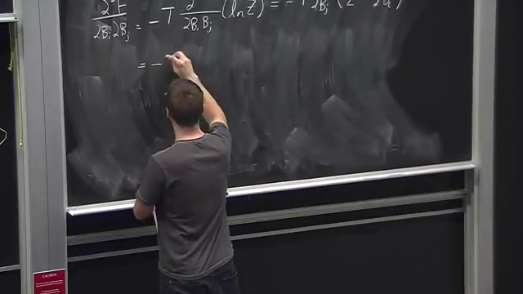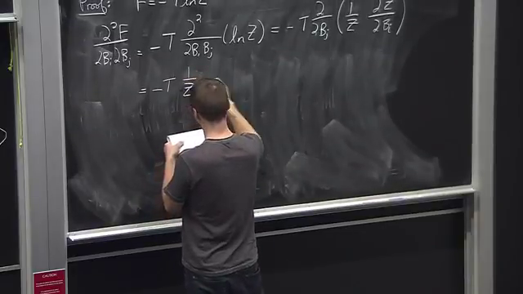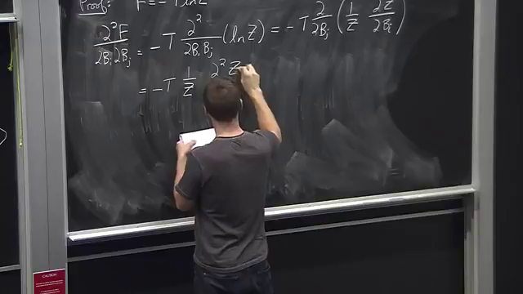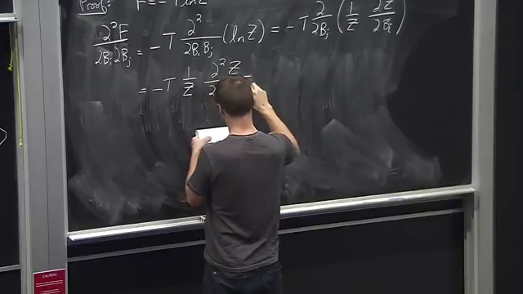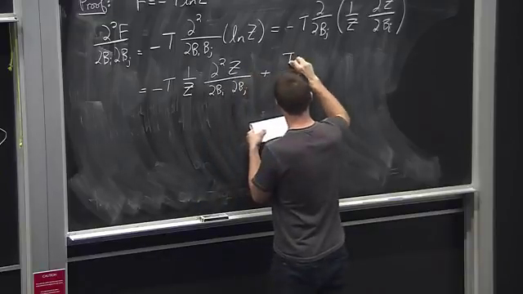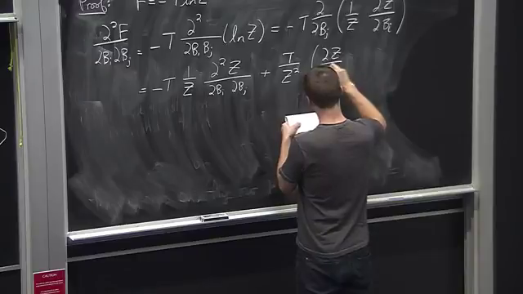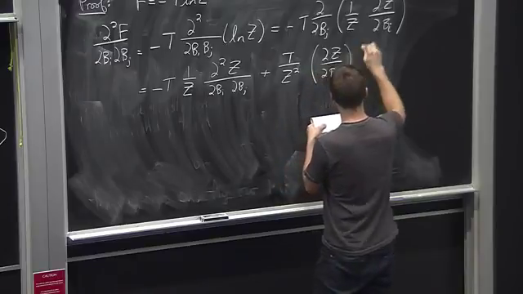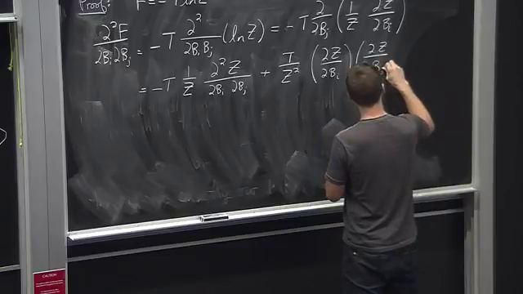So I'll write it like this, minus t. And I'll have two partial derivatives, right, of z, as I should, dj.